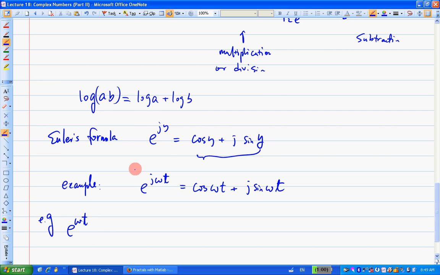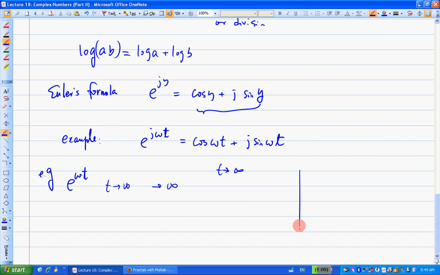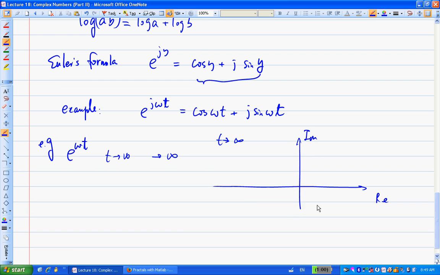If it doesn't grow exponentially, then how does it change? Because here, as t goes to infinity, the value goes to infinity. How about this guy here? As you change t, as t goes from 0 to somewhere, how does this guy change essentially? So what we do is we look at it from the real and imaginary, the complex plane here.